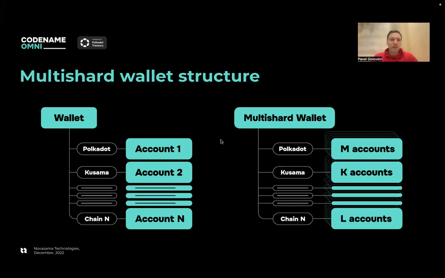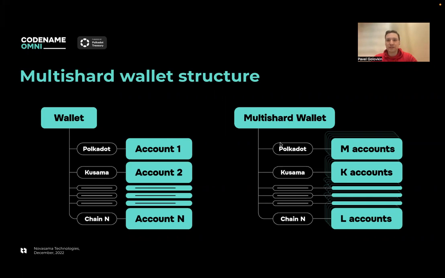If you use the Nova Wallet mobile application, then you can see that there is a wallet, and for any supported chain like Polkadot, Kusama, Acala, Astar, and others, you have only one account. And the multi-shard wallet is different.